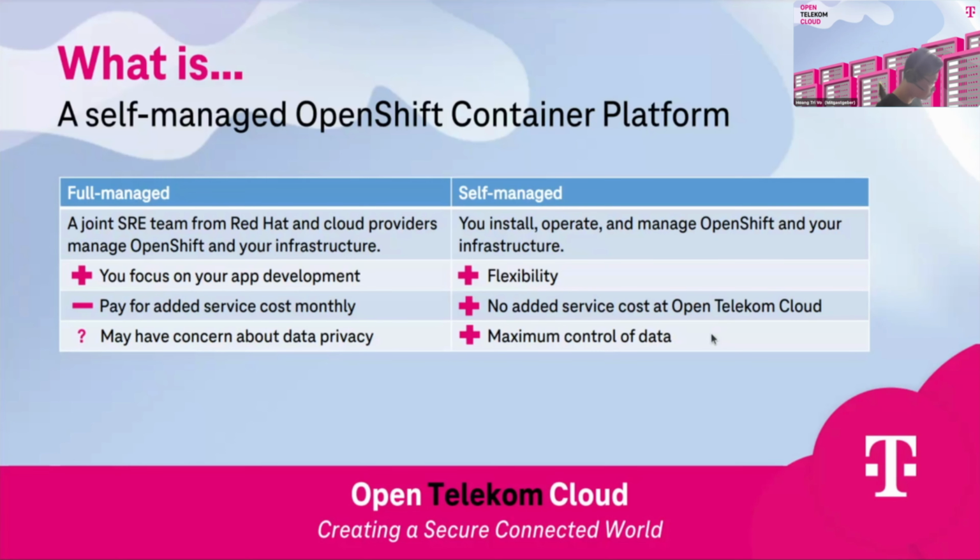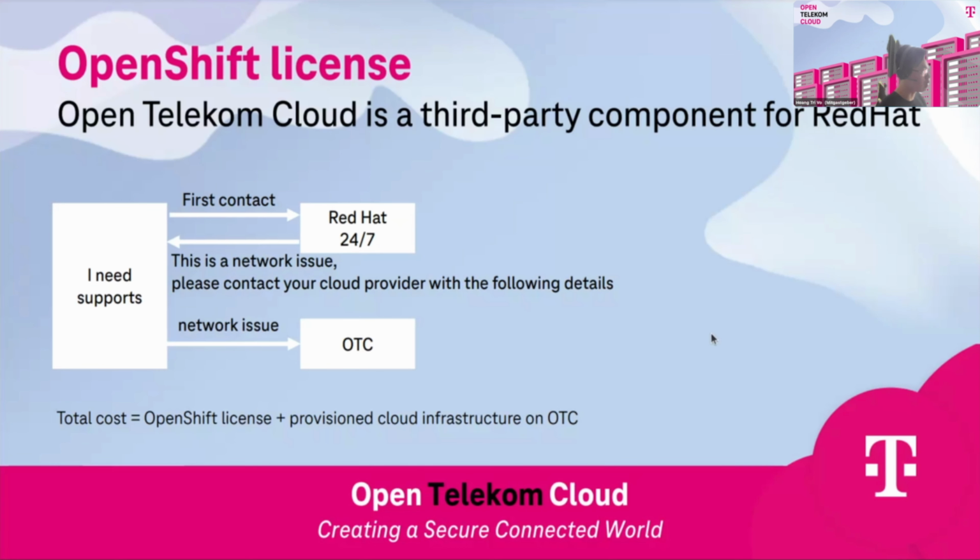About the OpenShift licenses, Open Telecom Cloud is a third-party component for Red Hat. What does this mean? If you run OpenShift on Open Telecom Cloud and need support, the first contact for support is Red Hat. They have 24 hours per day, 7 days per week professional support.